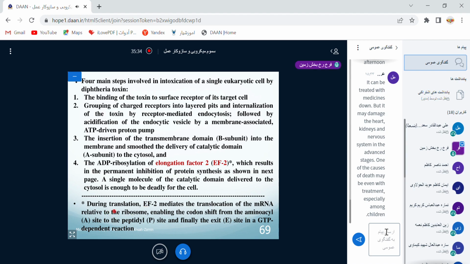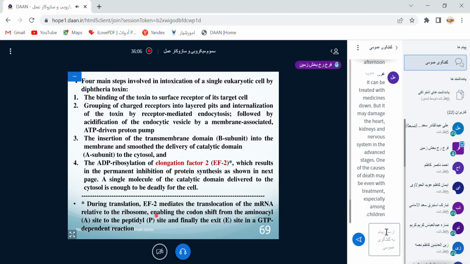During translation, EF2 mediates the translocation of the mRNA relative to the ribosome, enabling the codon shift from the aminoacyl A site to the peptidyl P site and finally to the exit site in a GTP-dependent reaction.